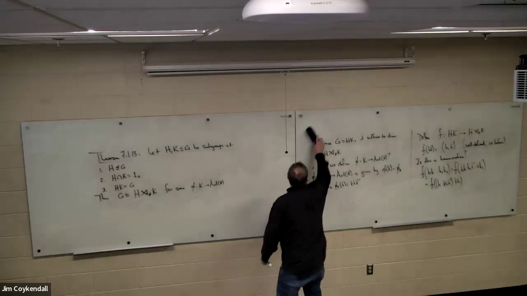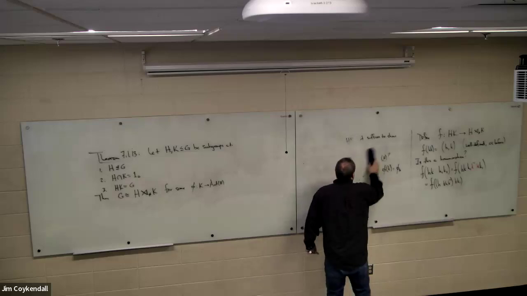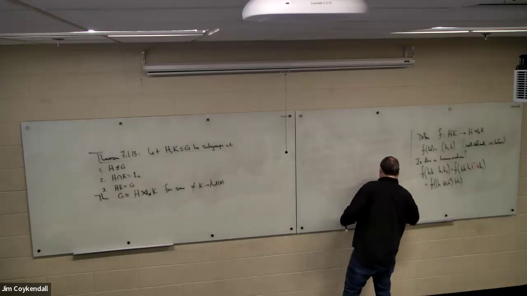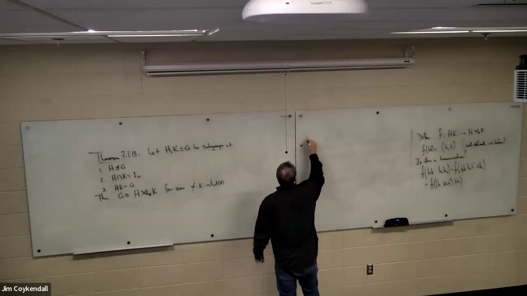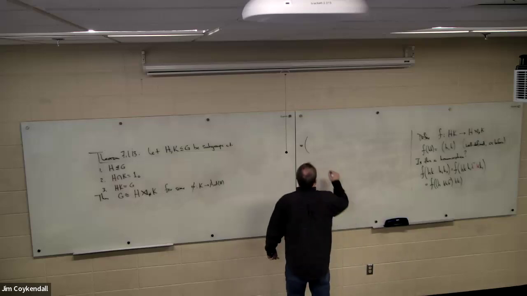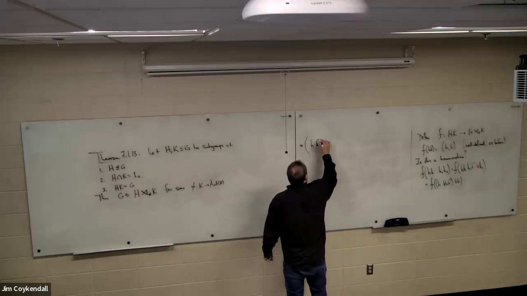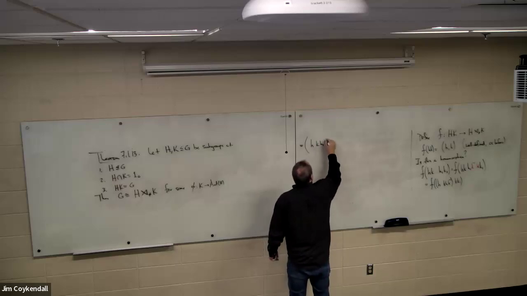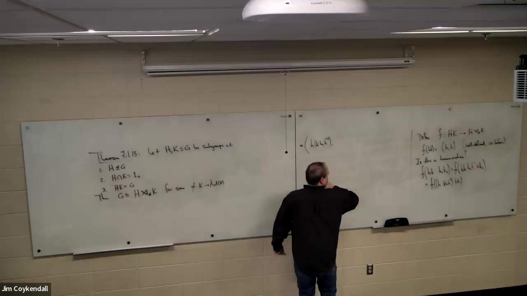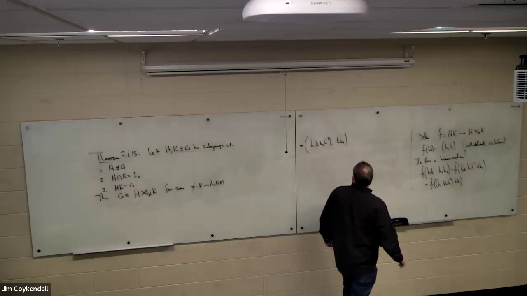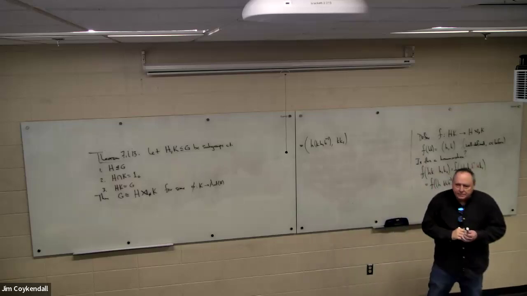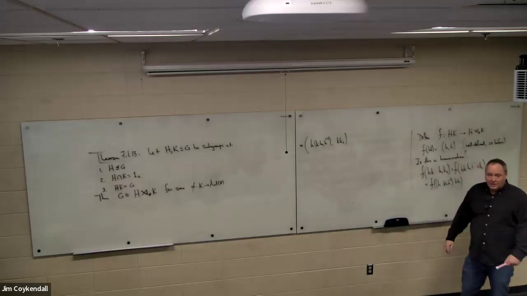So I can use my function to write it this way. So this is, what the heck is it? This is (h, k h1 k inverse) and then k k1. I agree with that.